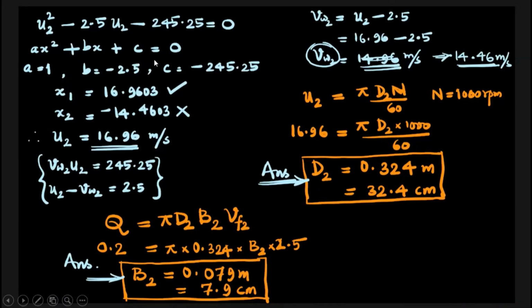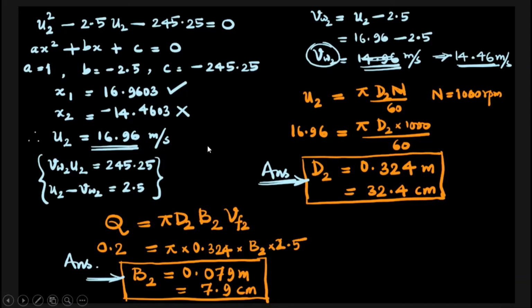Here a is equal to 1, b is equal to minus 2.5, c is equal to minus 245.25. Take care of the negative signs and get the values of x1 and x2. One value is 16.9603 and the other value is negative. We will not accept the negative value for U2, so we take the positive value. So U2 is equal to 16.9603 meter per second.